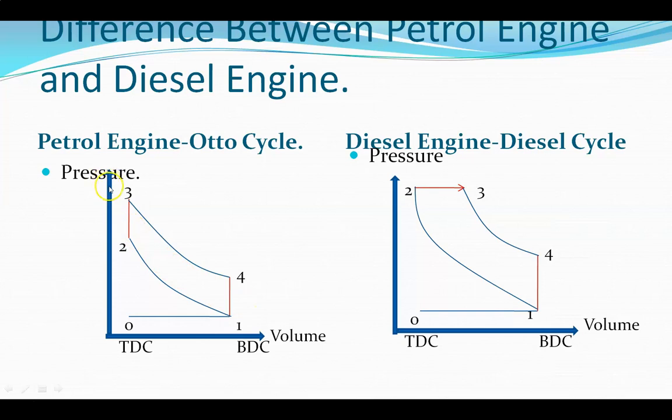As you can see in our chart here, on the vertical axis is the pressure, on the horizontal is the volume, which is a pressure volume diagram. We have TDC here and we have BDC here.